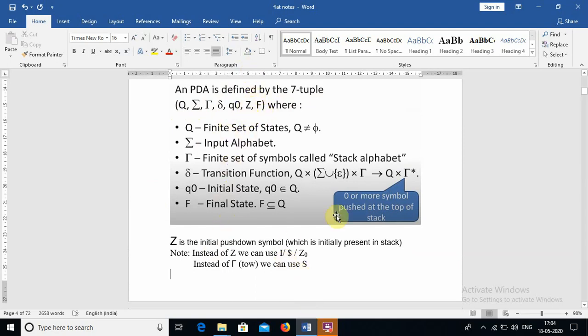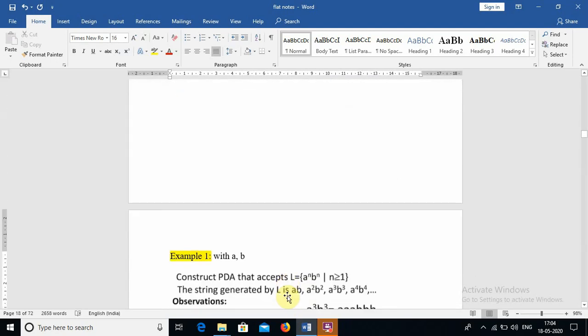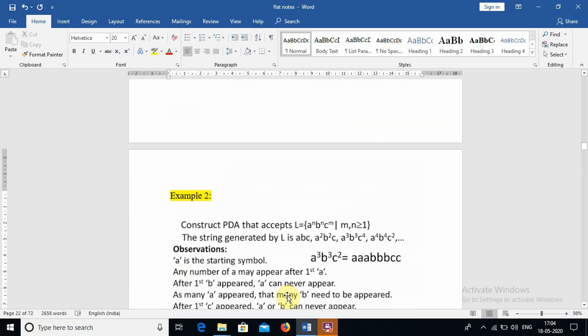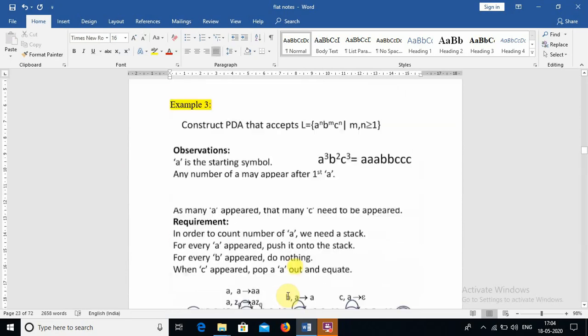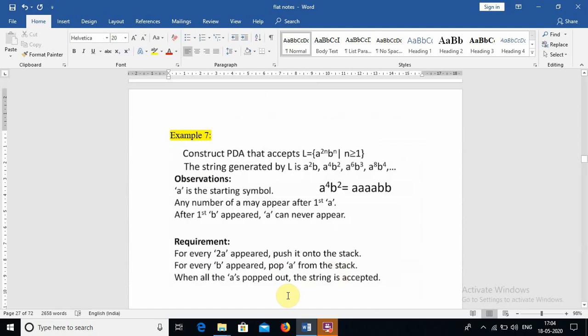If you define a PDA like this, it is the same as the graphical notation. We will see how we define it here, through the examples.